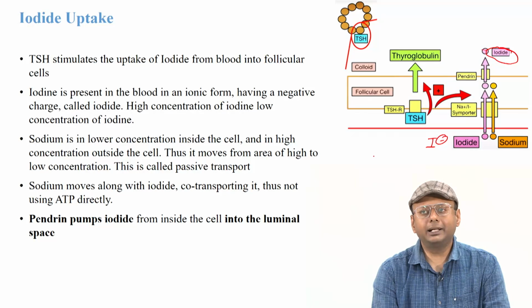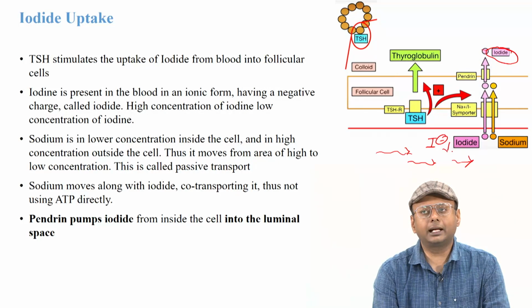Now this I minus ion is present in the bloodstream. Generally iodide ions are highly concentrated inside of the thyroid cells or the follicular cells, but they are low in amount in the bloodstream. That means the iodide ion has to go inside of these thyroid cells against its concentration gradient.